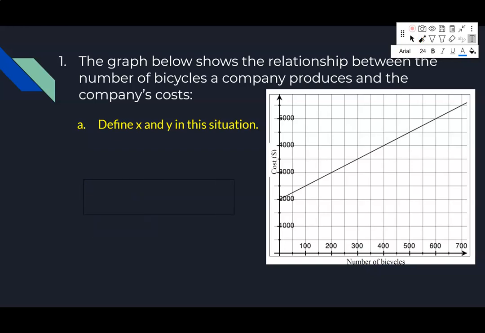You can see that our X is, yes, it's the number of bicycles a company produces. And what is your Y? Yes, it is the company's cost.